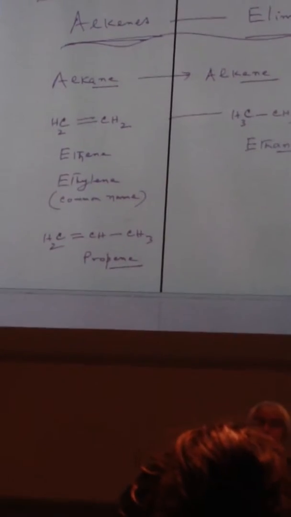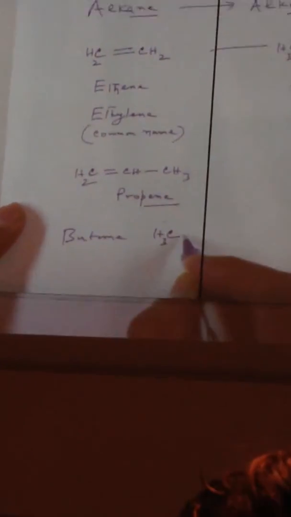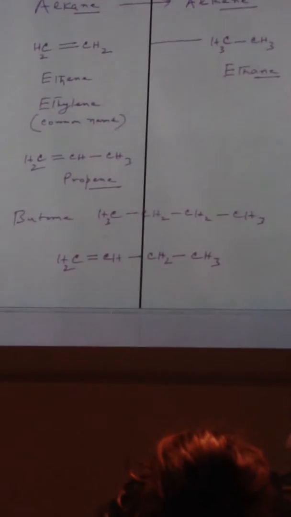As soon as we go to butene, of course, the double bond could be in different places. So from butane, which is a 4-carbon unit, we can have 1-butene, which is the first carbon joined with the second.